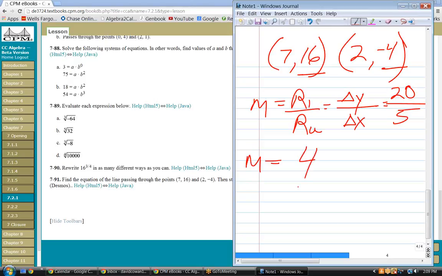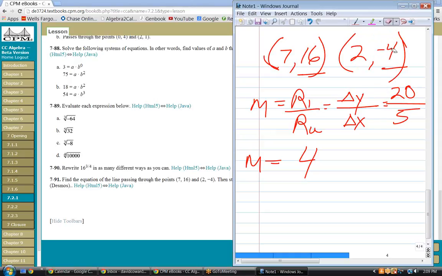As long as you go the same direction, that's what's important. In other words, as long as we took 16 minus a minus 4, then we could take 7 minus a 2. Had we decided to go the other direction, then you have to be consistent.